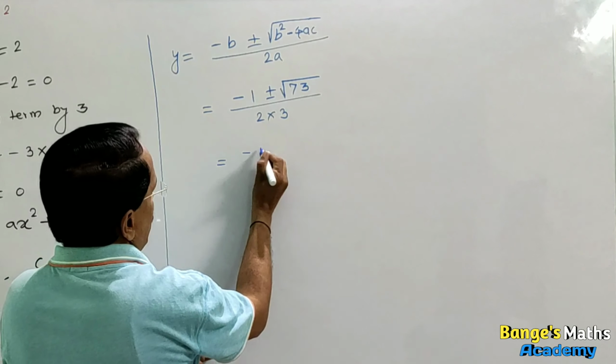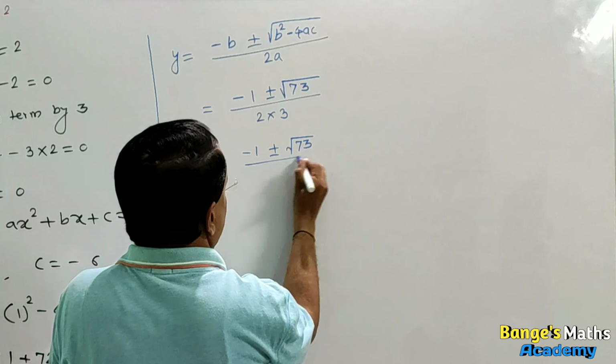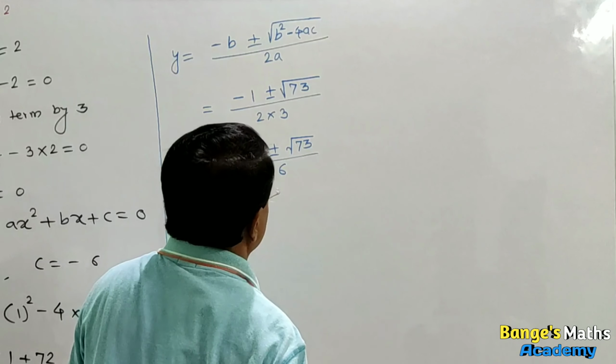Simplify this. Minus 1 plus or minus root 73 upon 2 into 3, 6.